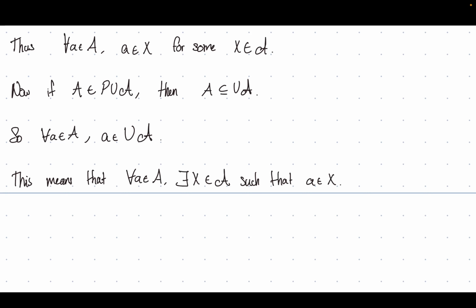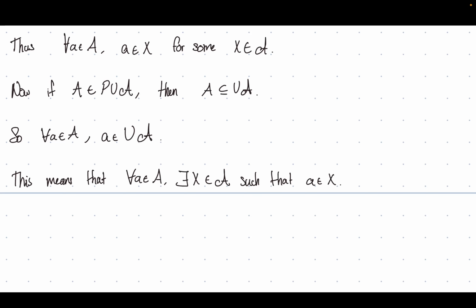There you go. What's the big deal? But you see, we're just saying that if you pick any little a from big A, then you can find some element X in script A such that little a is in X. And that can be problematic since we're trying to find a specific X that contains all of the little a.